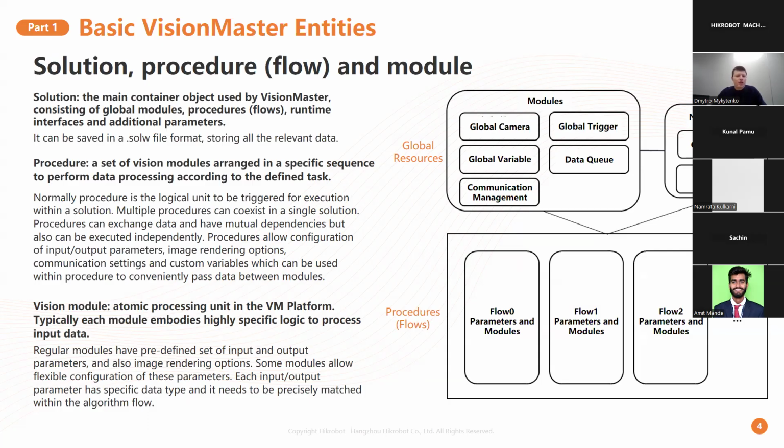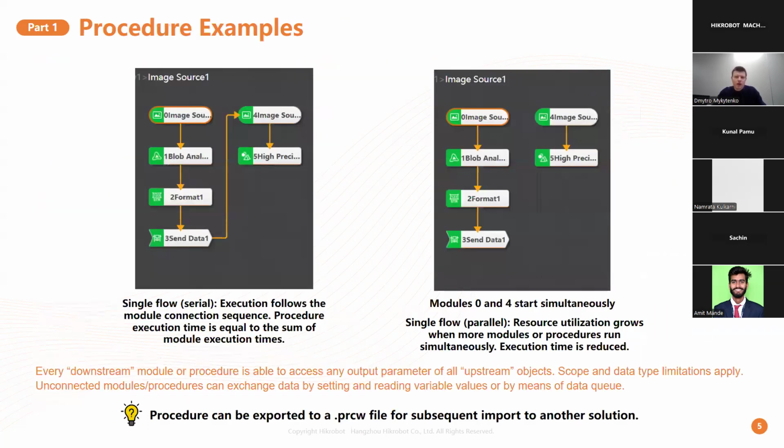A module instance is, therefore, the smallest logical unit within the solution. A procedure's behavior is entirely defined by the modules it contains and the way they are interconnected. The execution order is determined by the arrows linking the modules. You can see it on these examples.